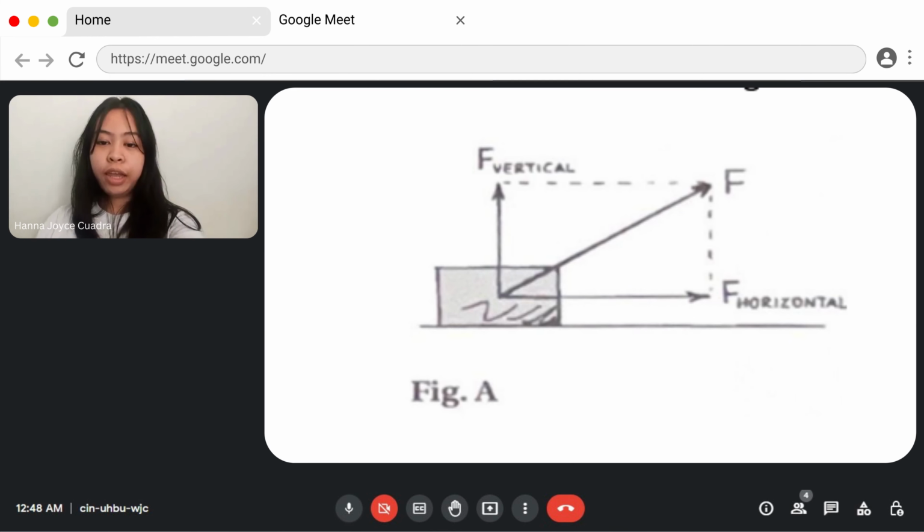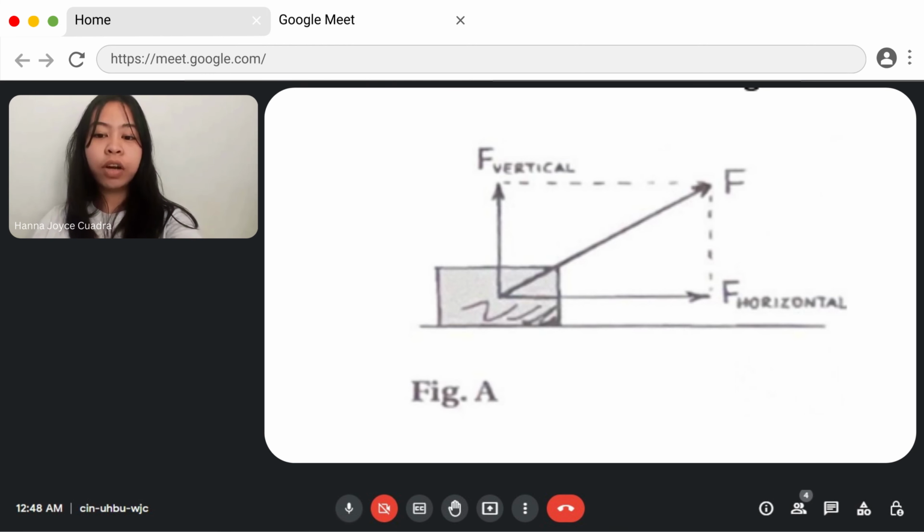In figure A, a crate is being pulled across a floor. The vector F represents the applied force. This force causes motion in the horizontal direction, and it also tends to lift the crate from the floor. The vector can be resolved into two vectors, one horizontal and the other vertical.